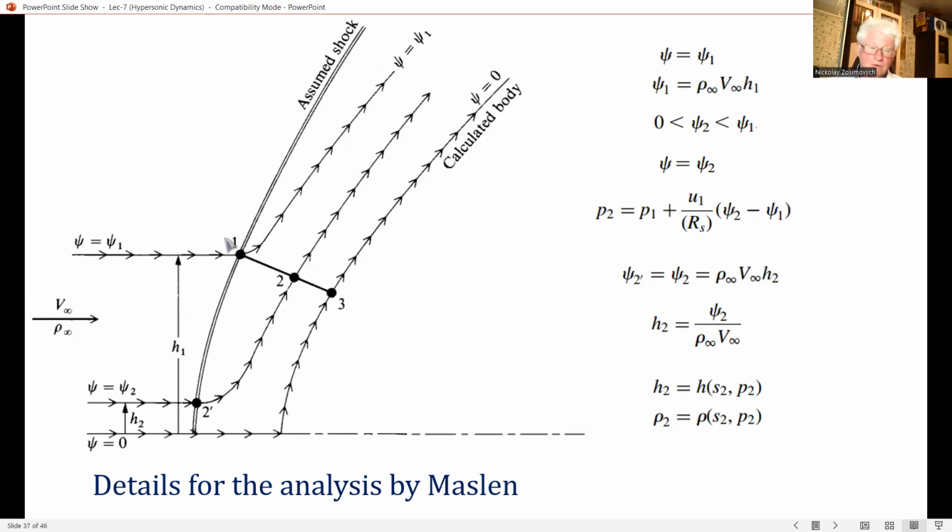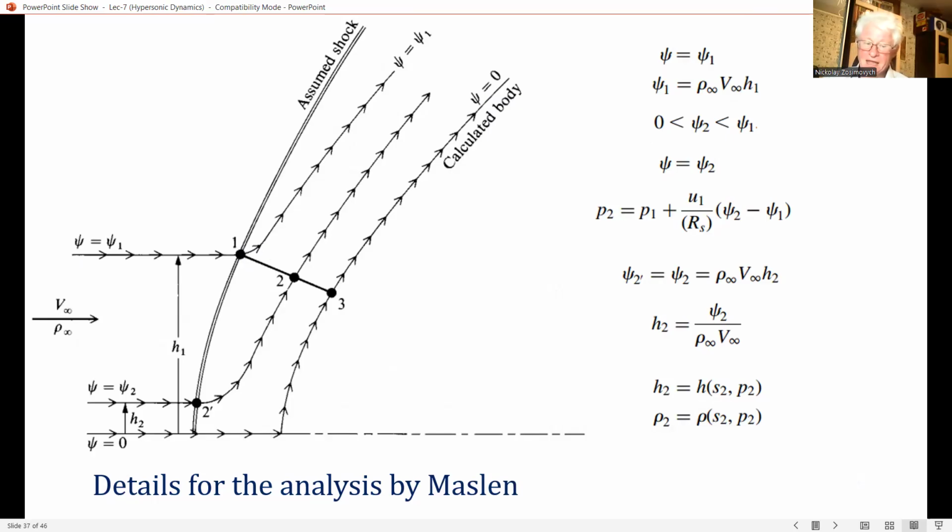From the oblique shock relation, the value of psi equals psi1 at point 1 is known from the expression psi1 proportional to rho infinity V infinity times h1.